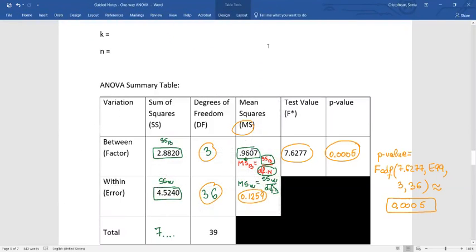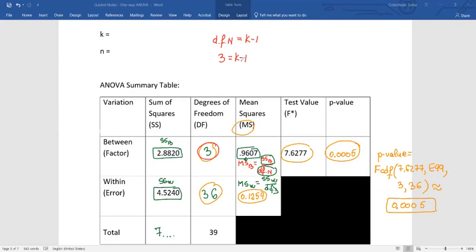One more thing, you can see that right here they ask us, what is K and what is N? Just remember, K is the number of individual samples or groups, and N is the total sample size. But how do I find this? If you recall, the degrees of freedom for the numerator was K minus 1, and you do have the degrees of freedom for the numerator, which is 3. So 3 is K minus 1.